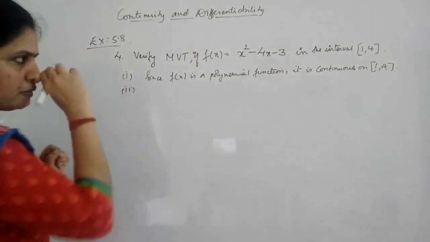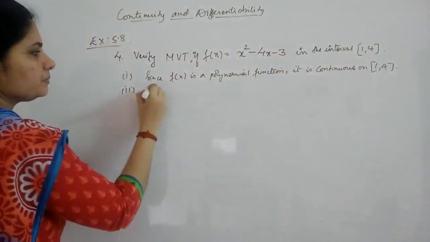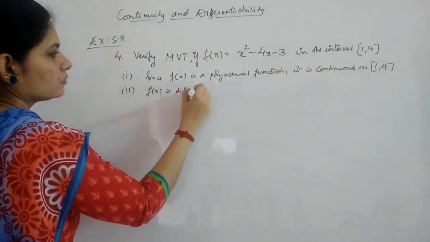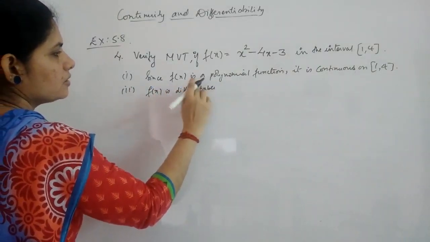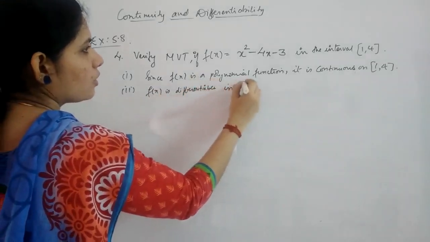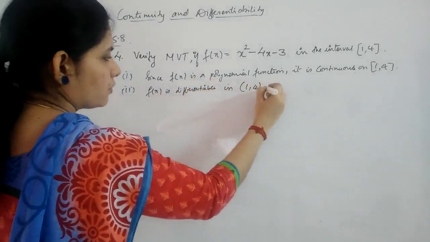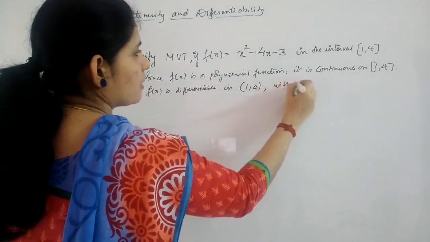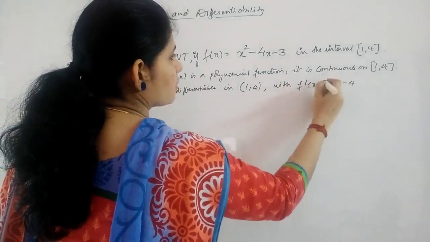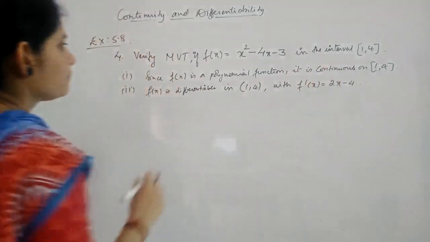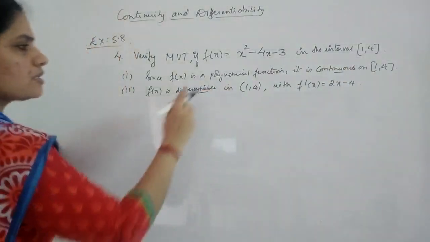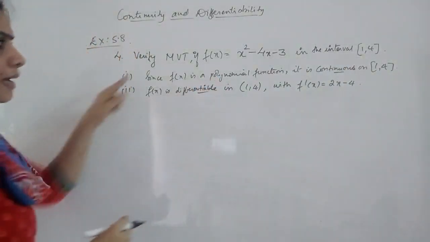Now again, the function is differentiable in the open interval 1, 4 with f dash of x equal to 2x minus 4. So two conditions have been verified, that it is continuous as well as differentiable, so you can apply your MVT.